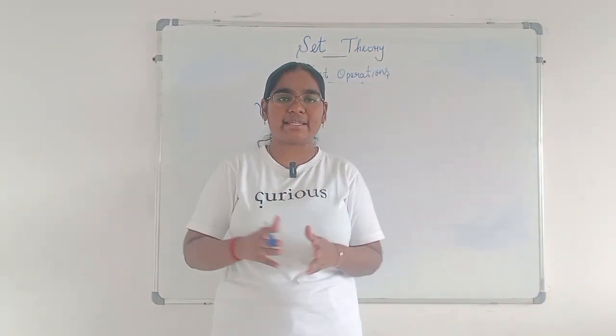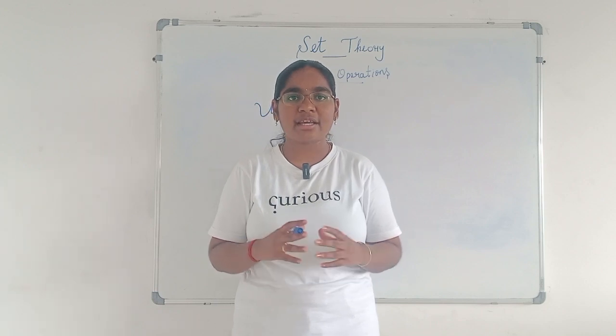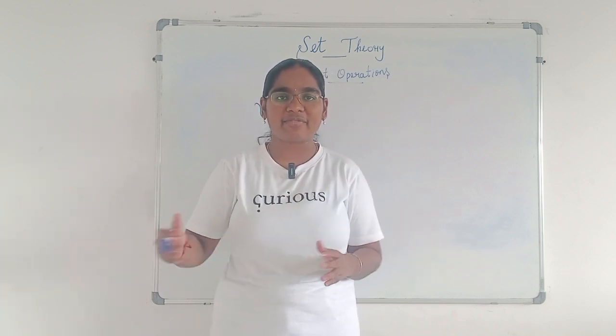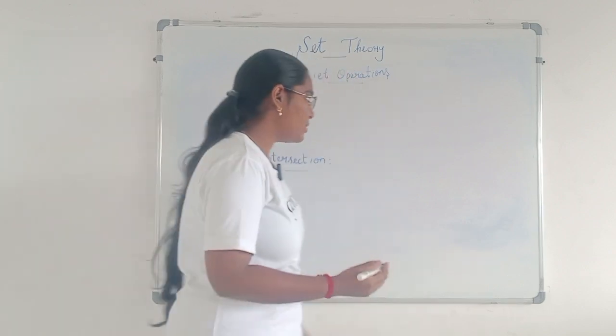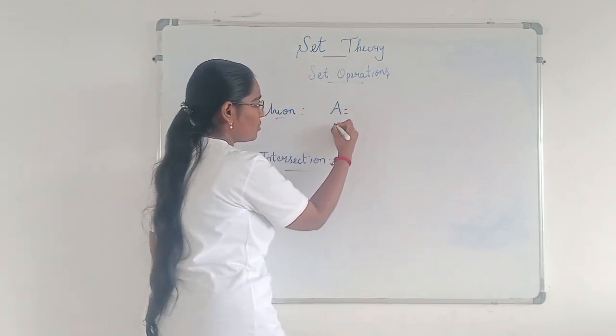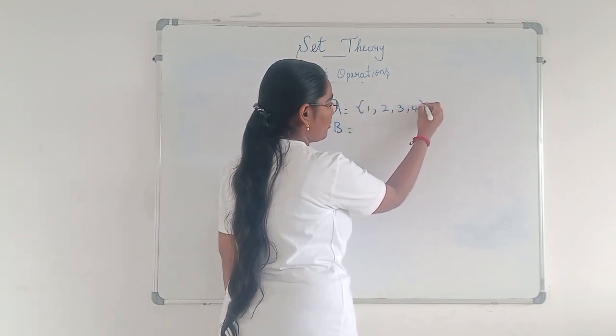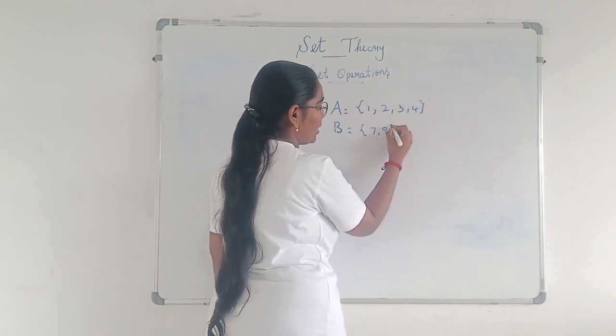First, union and intersection. In union, you will combine all the elements of the respective given set. For example, A equal to 1, 2, 3, 4, B equal to 7, 9.